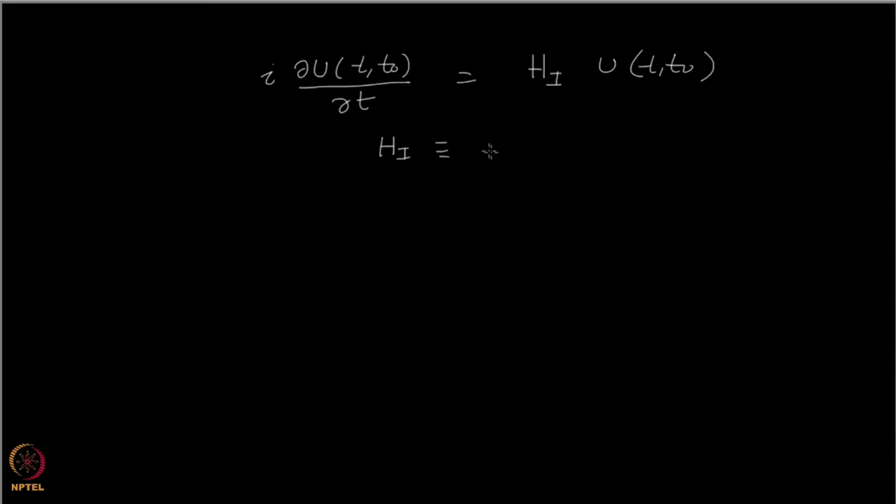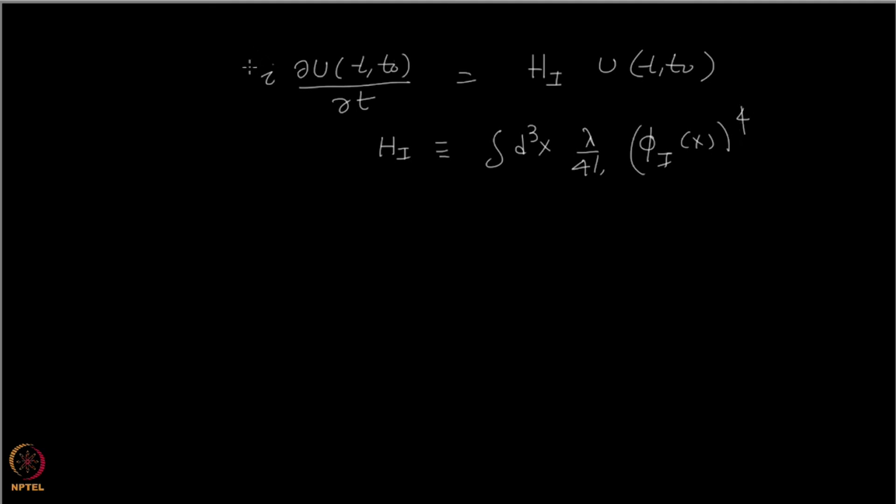So where we are, we have found that i del U over del t equals H_I U, where H_I, as I wrote just now, in this case is ∫d^3x λ/4! φ_I(x)^4.